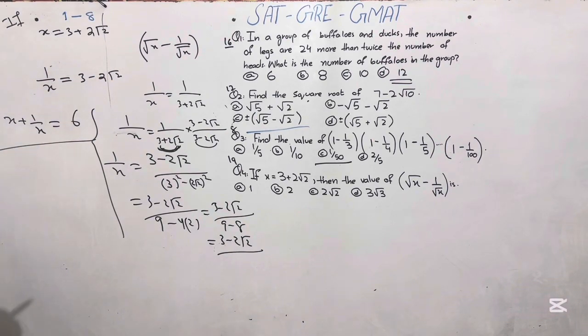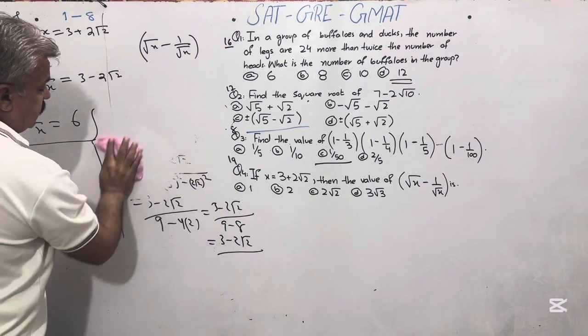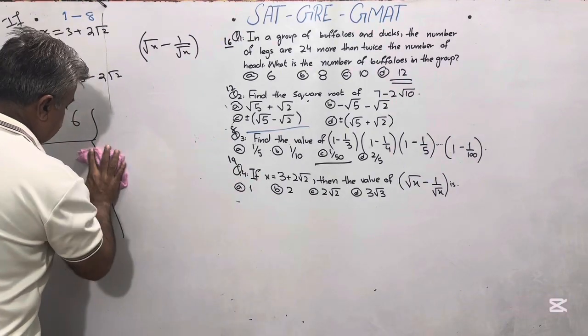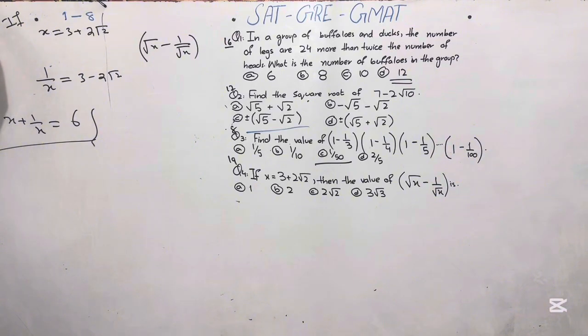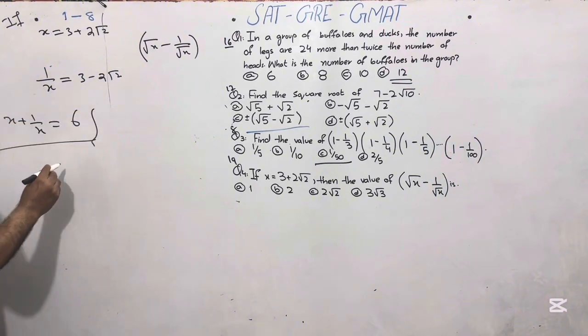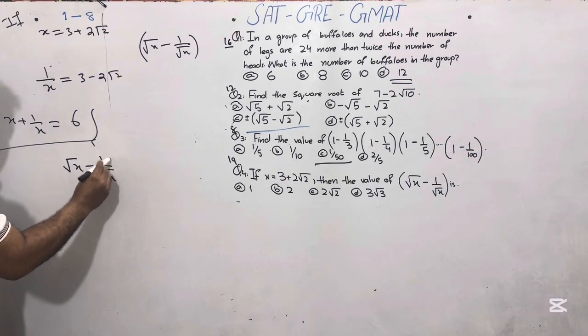Now the real drama starts. We are asked to find the difference of root x and its reciprocal, root x minus 1 over root x.